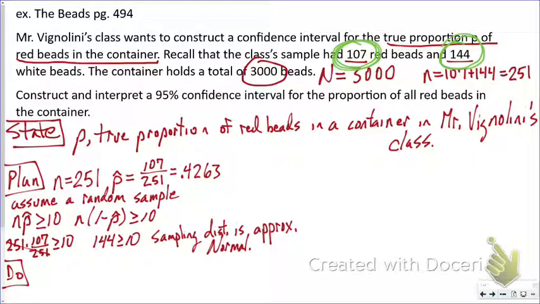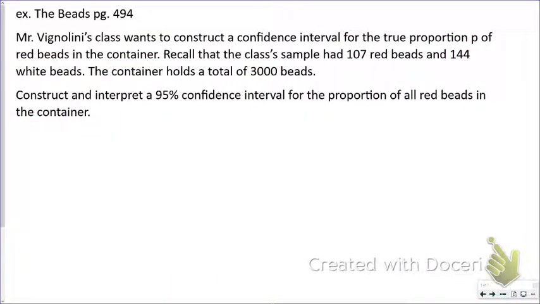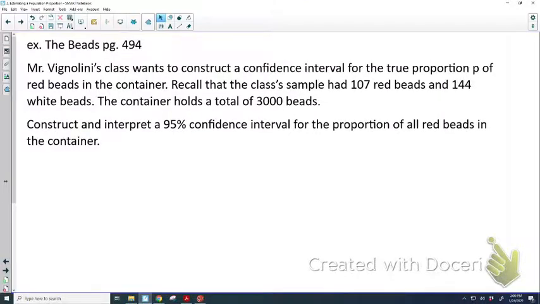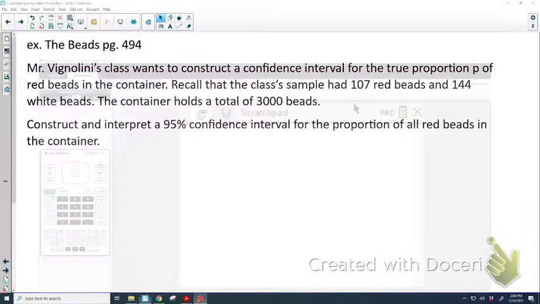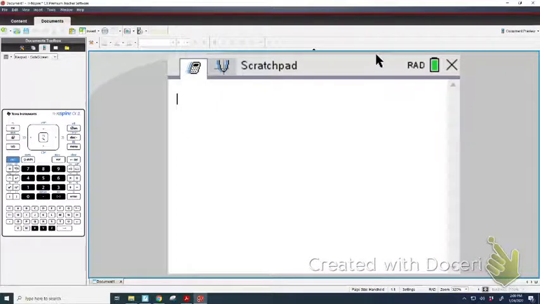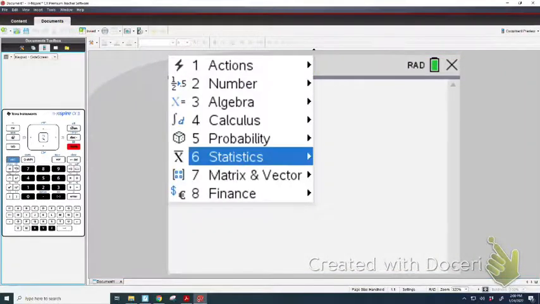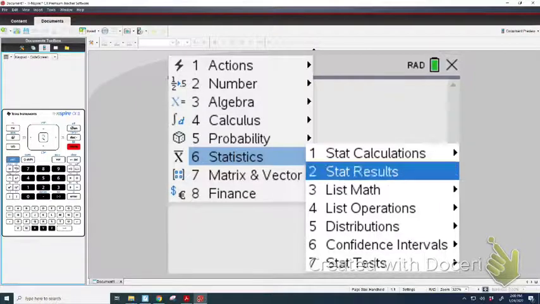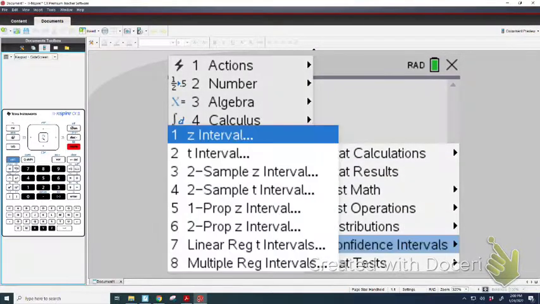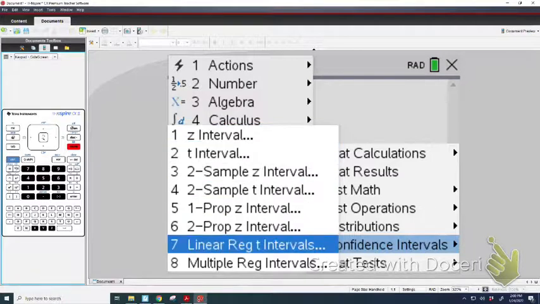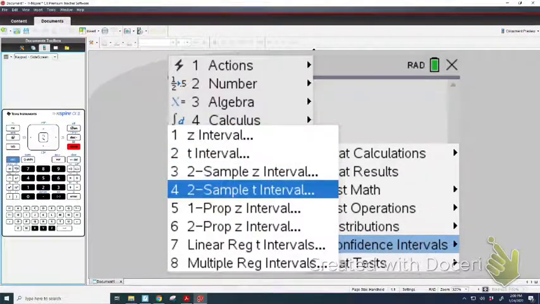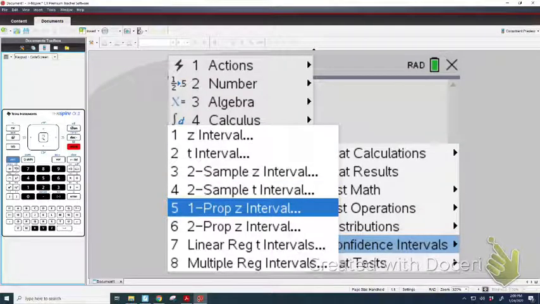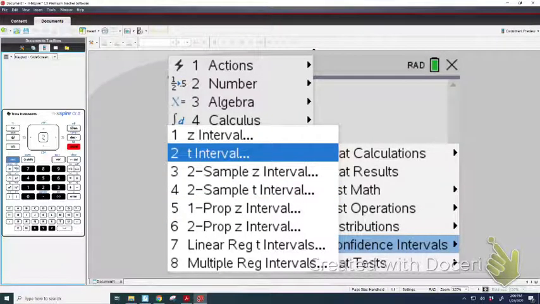I typically write the name of the interval on the do step, but you are welcome to write it up there on the plan step. And while I type the name, let's find it on the calculator, because some people can't remember the name, and they're all typed for you on the calculator. Press Menu, Stats. We're doing confidence intervals, so go down to confidence intervals. And you just need to find the right one. I know we don't have two samples, so that leaves us with one prop z, or t, or z.